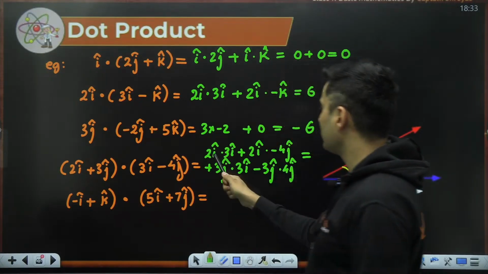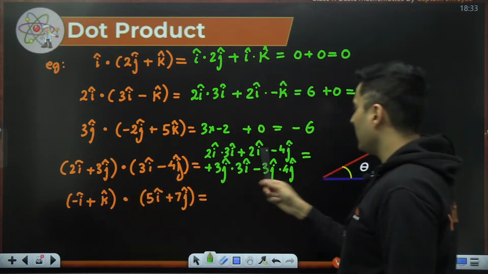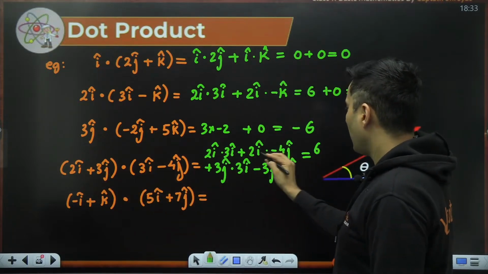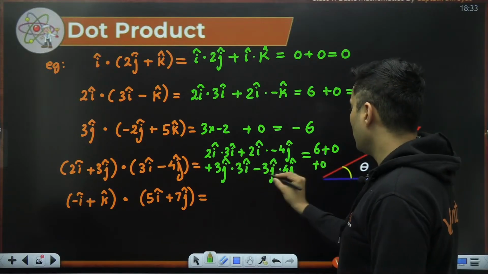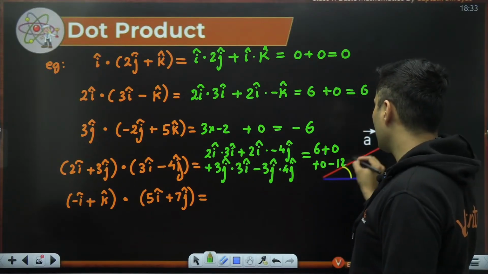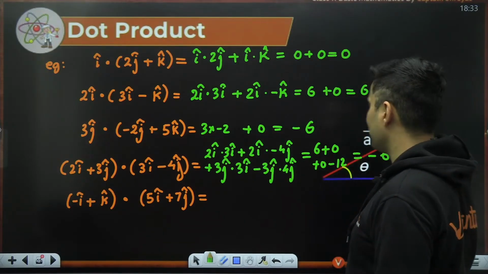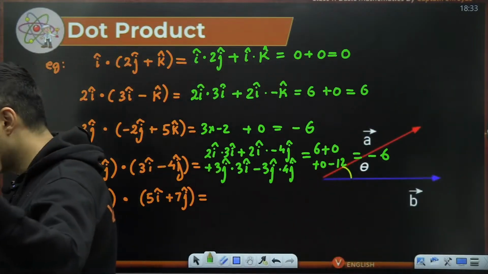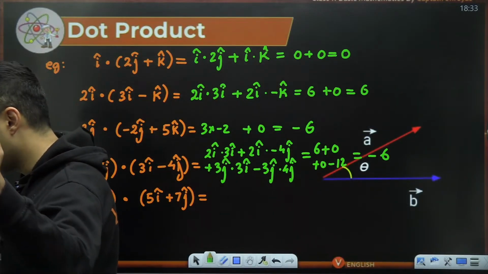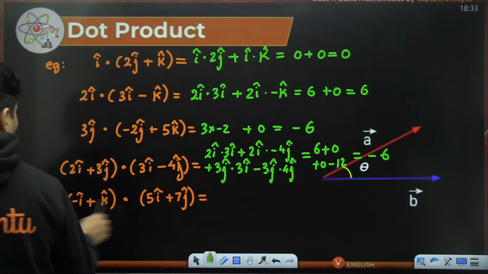So when you solve this, 2i into 3i is basically 6. I into j is 0. J into I is also 0. 3 4s are 12, so minus 12. So 6 minus 12 means minus 6. Just check it out. Answer will be minus 6 again. Very good. Excelente. Very good, Togo. Yep, perfecto.